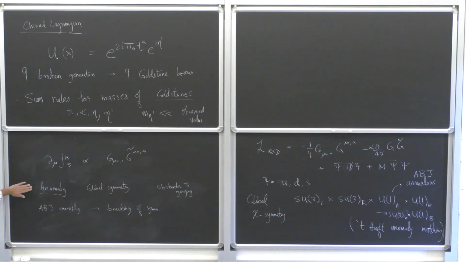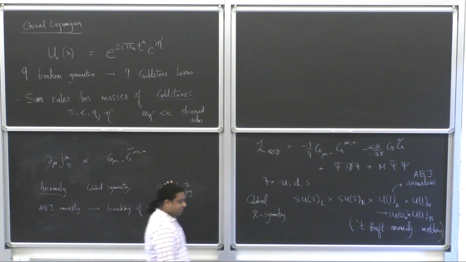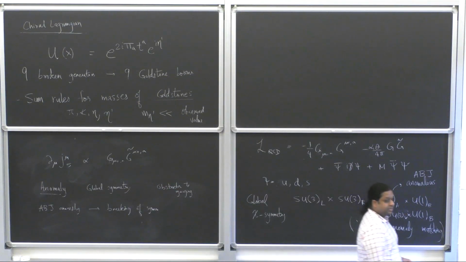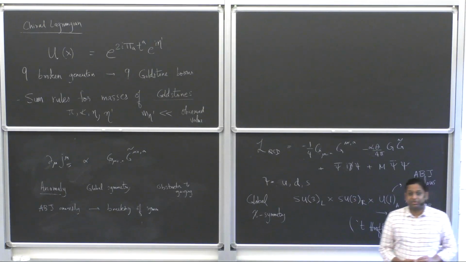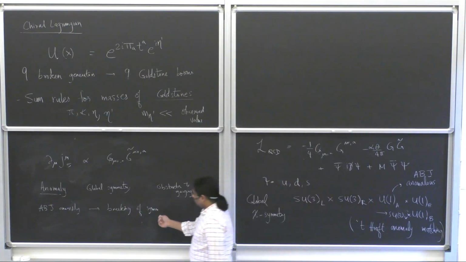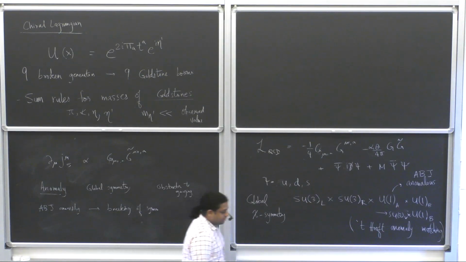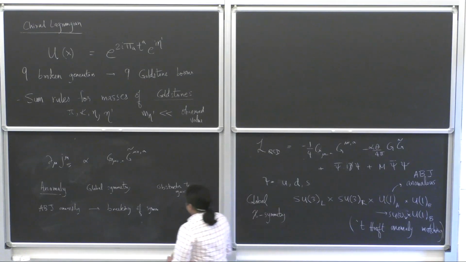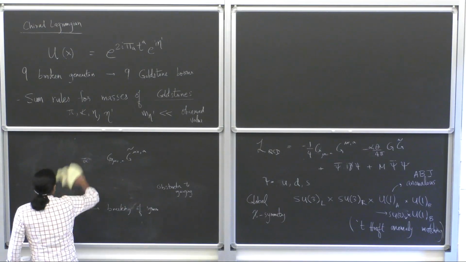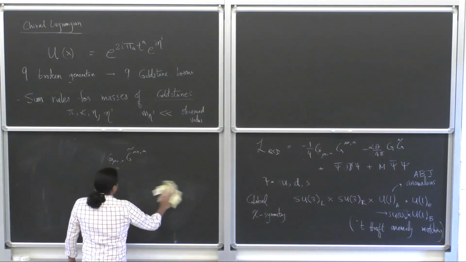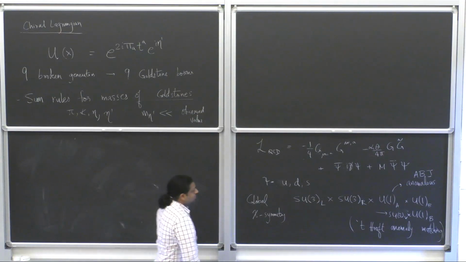If you have just an anomaly between global symmetries, the symmetry is perfectly good, but you might not be able to gauge it, or if you gauge some part of the symmetries, you would break the symmetry. Okay.